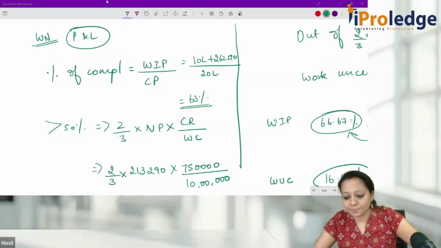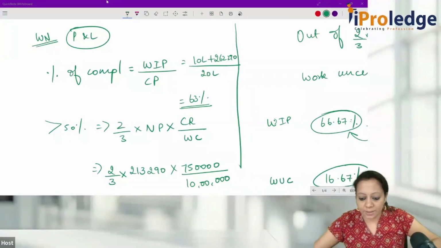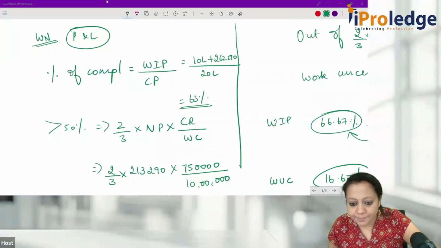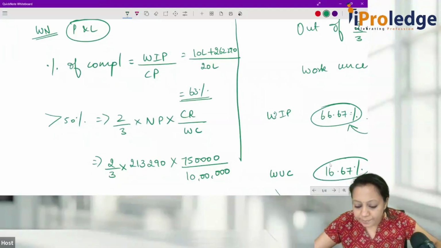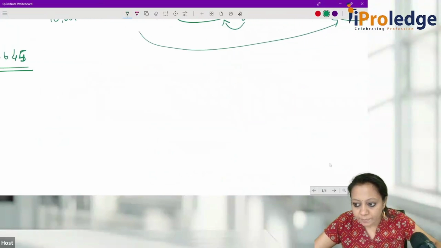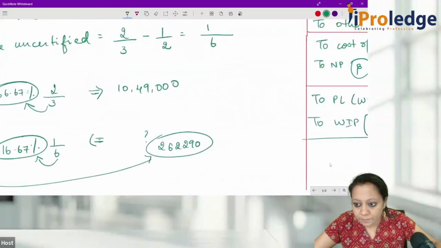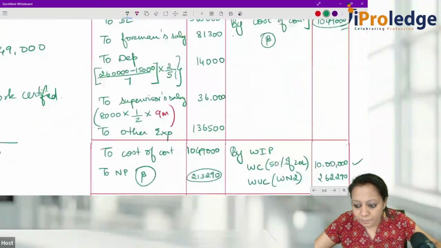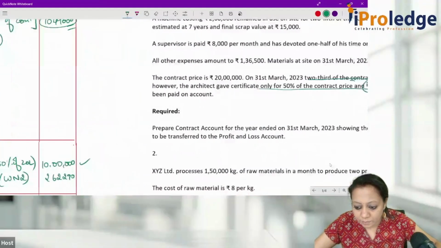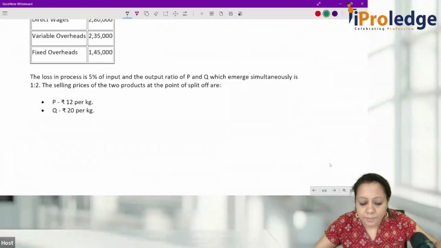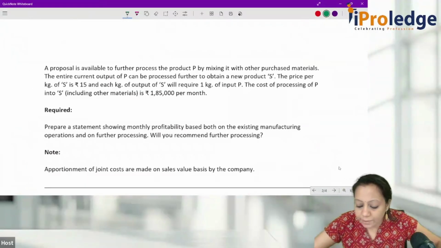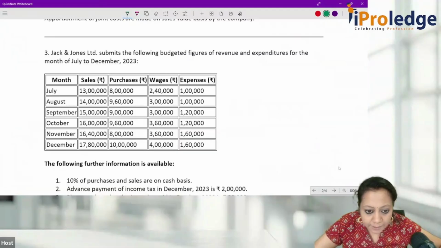Very nice. Super. So now we will proceed to the next question. We will finish all the contract problems and then we will come back.